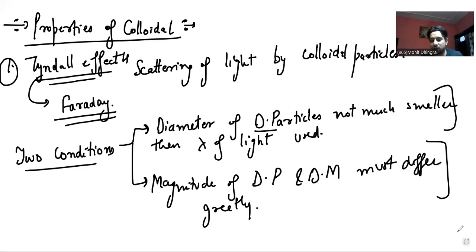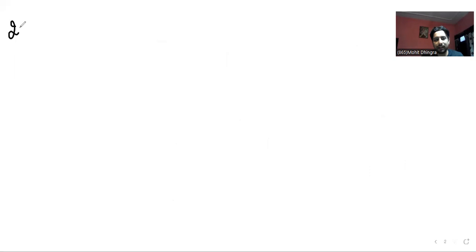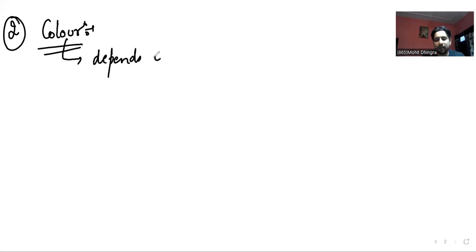Now the second property which is shown by colloidal solutions is the color. The color which is shown by the colloidal particles depends upon the wavelength of the light which is scattered by the dispersed particles.